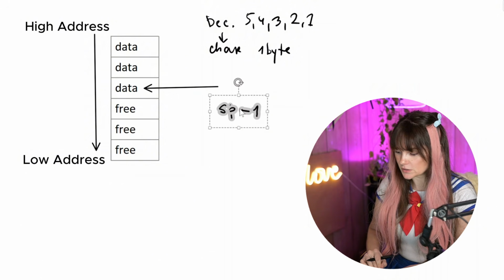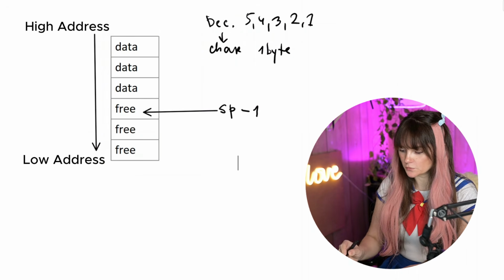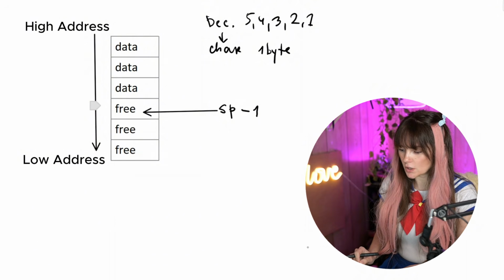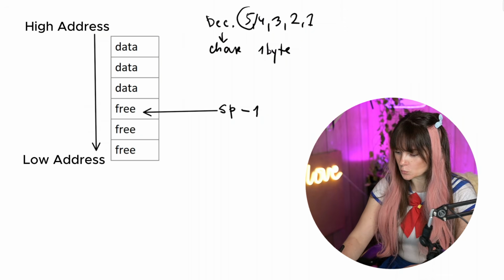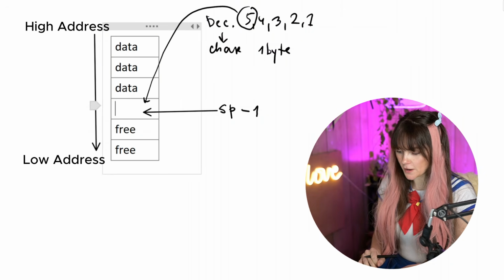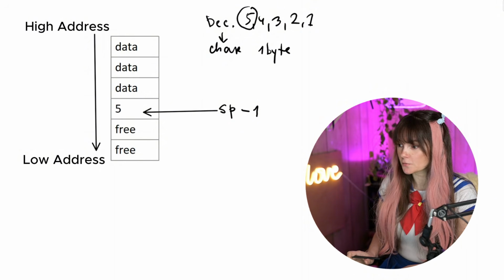So now we can move the stack pointer to the next free slot. All right, so now our stack pointer moves to this slot, and we want to take our decimal value 5 and move it into our free space, right? So now we can store 5 in here. Okay, so now the value 5 is at the top of the stack.